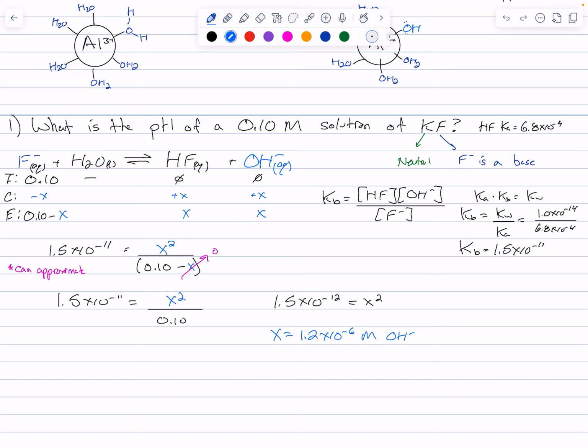All right, how do we calculate the pH now? Again, there's 2 ways. Most students like to do pH plus pOH equals 14. So that means the pH equals 14 minus the pOH. So pH would equal 14 minus the negative log of 1.2 times 10 to the minus 6.